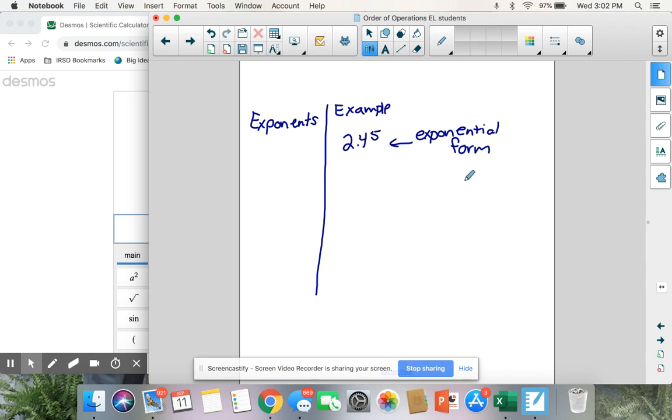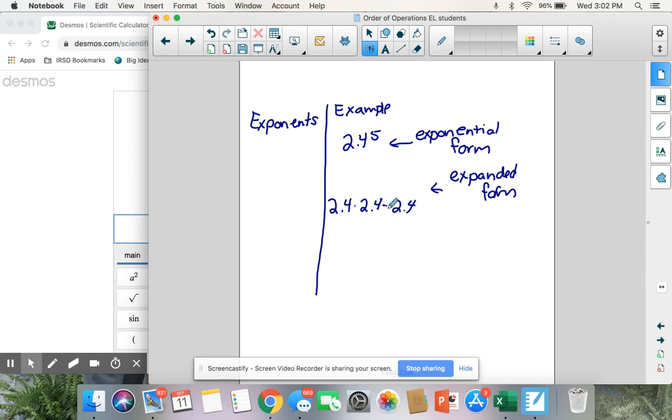I could write this in what I consider expanded form. In expanded form, I take my condensed numbers and I expand them. So if I have 2 4/10 to the 5th power, that means I'm going to take my 2 4/10 and multiply it by itself 5 times.